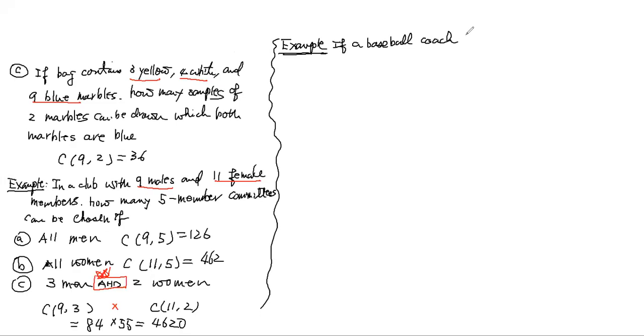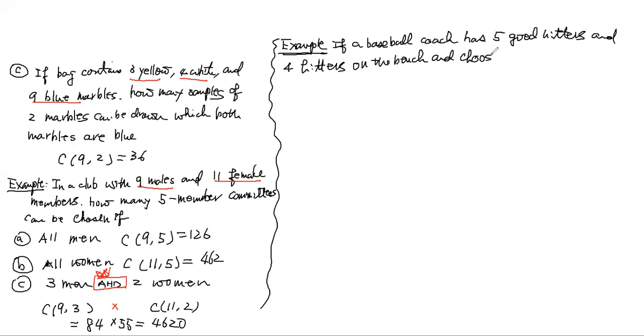This baseball coach has 5 good hitters and 4 poor hitters on the bench. The coach wants to choose 3 players at random.